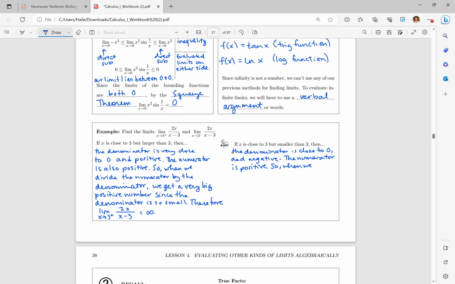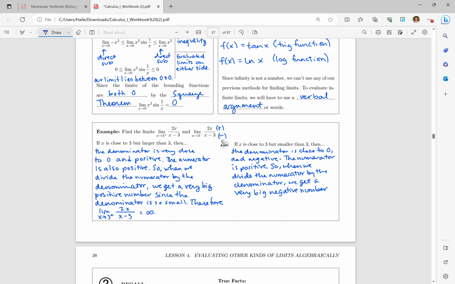Okay, so when we divide the numerator by the denominator, we get a very big negative number. So again, this is because the top is positive, the bottom is negative, so when we divide them, we have to get a negative number.